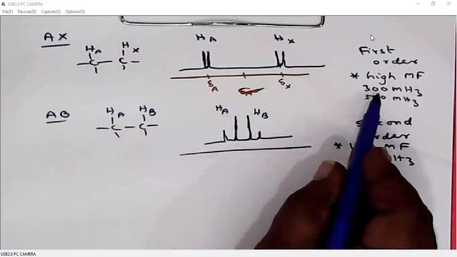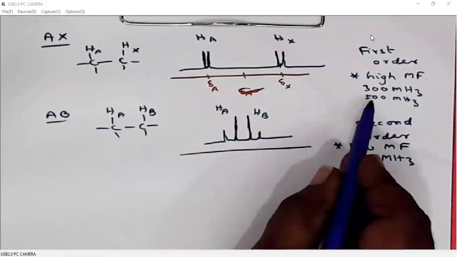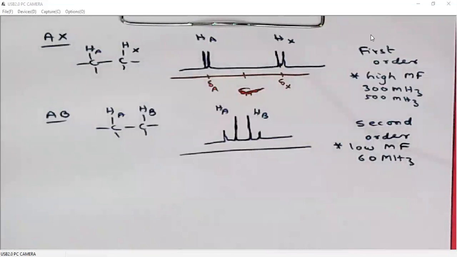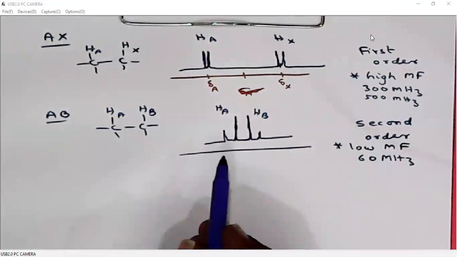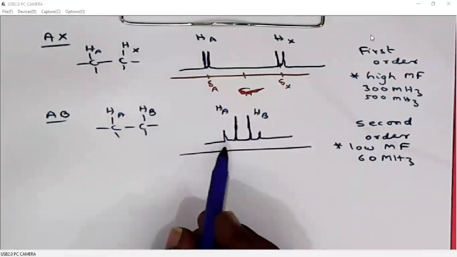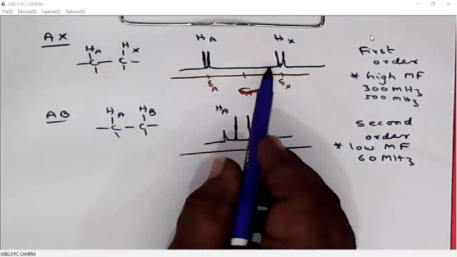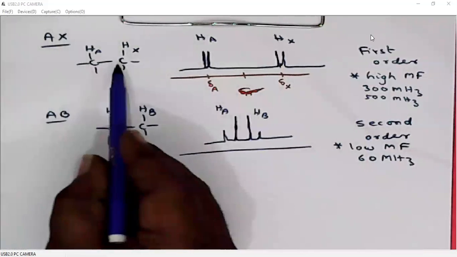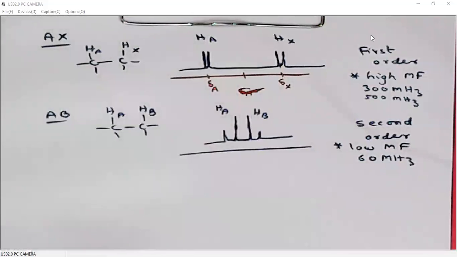Then we will say it is first order. So if the multiplets are not interpretable, it is a second order spectrum. But if the multiplets are interpreted according to the n plus 1 rule, it is a first order spectrum.